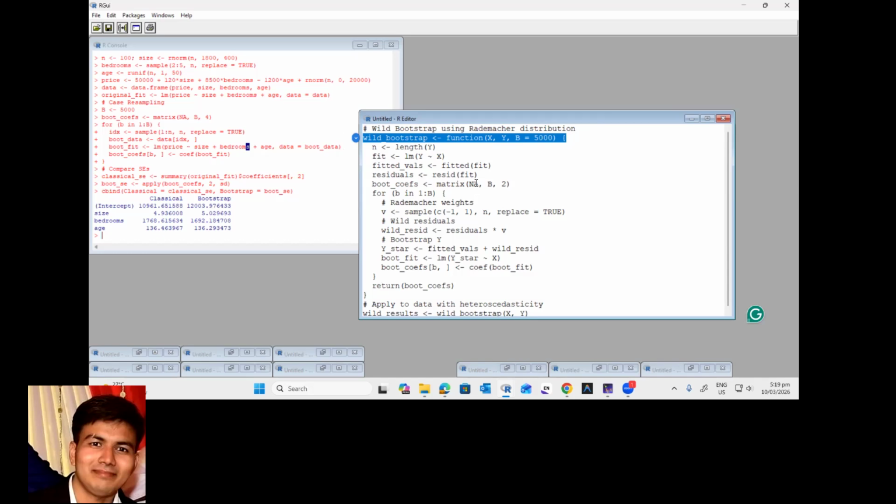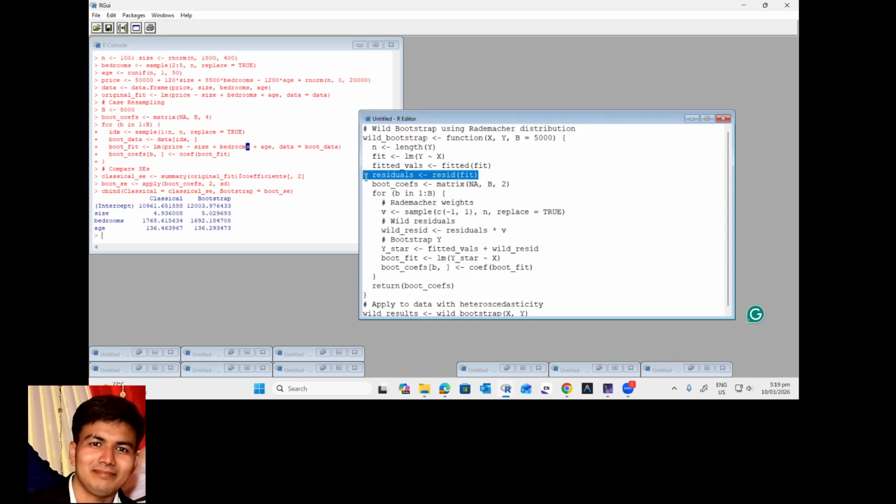Inside this function we define n, the length of the data set of y or x, and then we fit the linear regression model. After that, we get the fitted values as we did earlier, and then the residuals of that model.